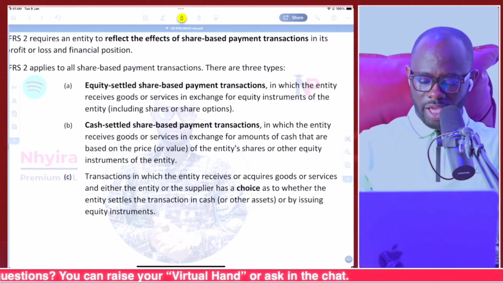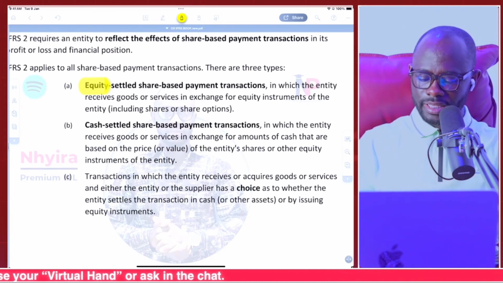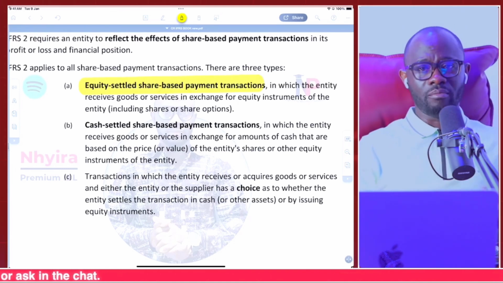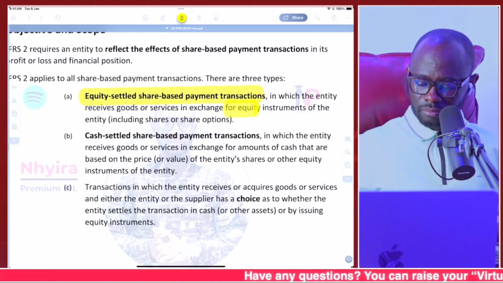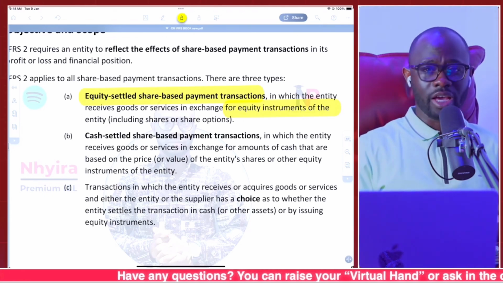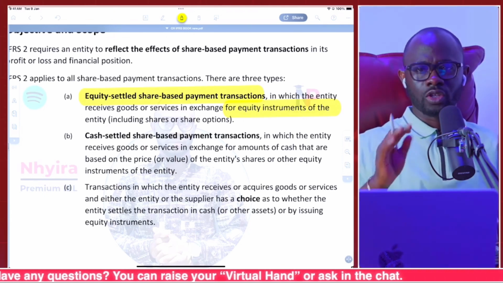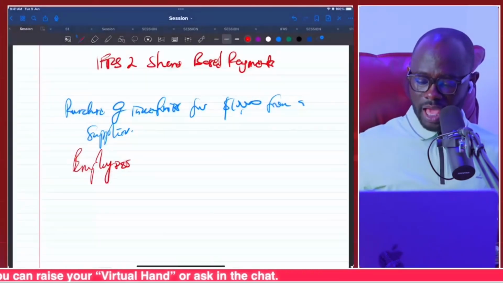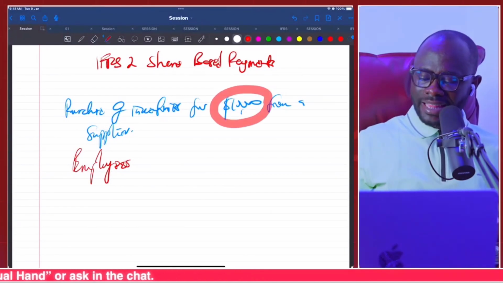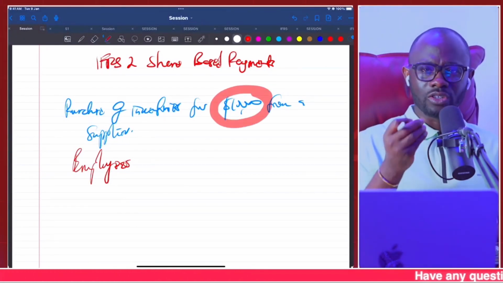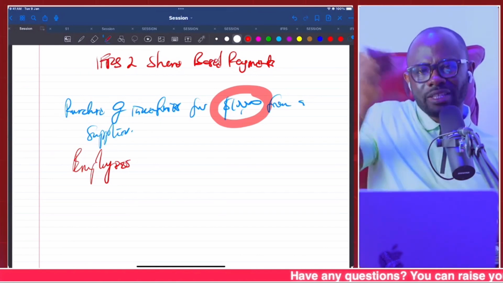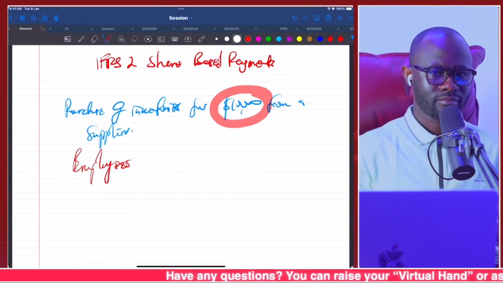So number 1, we have what we call equity settled share-based payment. So this is where we are just paying somebody based on equity shares. That's all. So you're not going to get money. So hey, supplier, we won't give you $10,000 cash. We'll give you $10,000 worth of equity shares in our business.